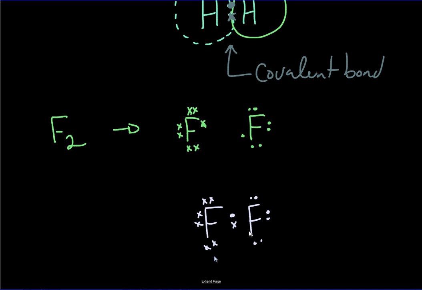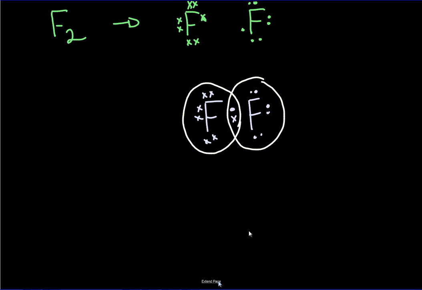And I call this a Lewis workup. I'm not sure if that's exactly the correct name for it, but it shows the Lewis dot diagram and it shows the shared electrons. And what we'll usually do is actually draw a ring around each one of these fluorines like this. And we'll see that these are shared. They're kind of like a Venn diagram. They're in both fluorines' shells. Okay. And this is, again, the creation of a covalent bond.